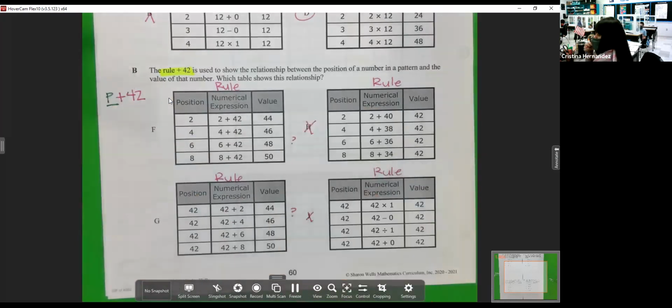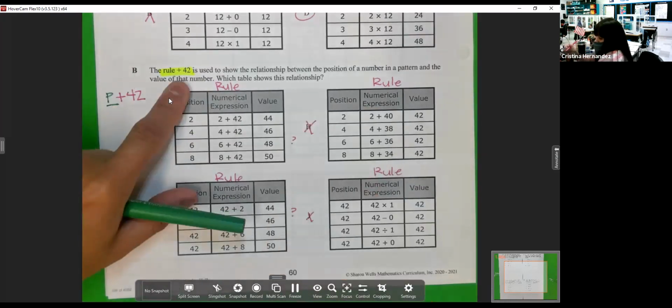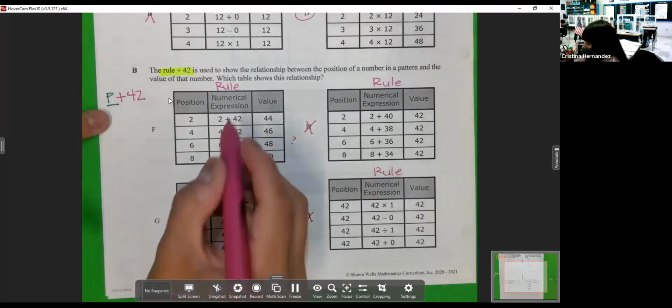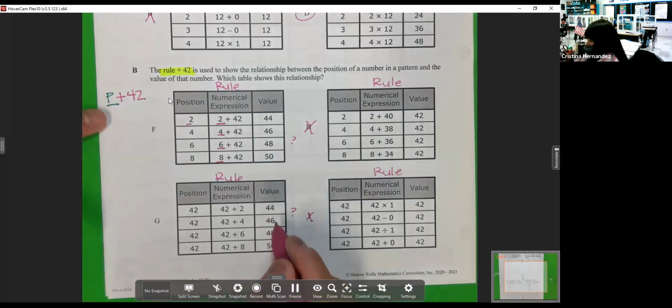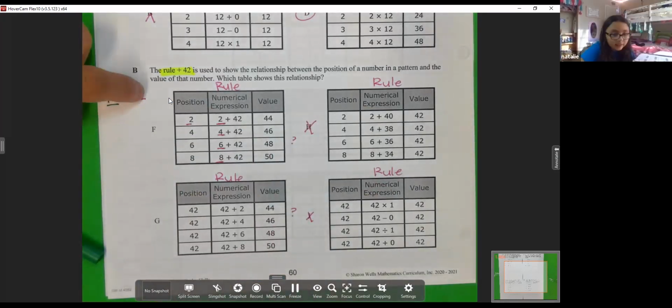When it gives you the rule up here, you're adding the position on the left side over here first. What it's saying is something plus. And it's not how it's shown, because how it's shown, it says plus 42, not 42 plus.